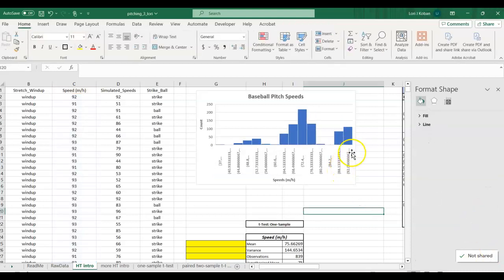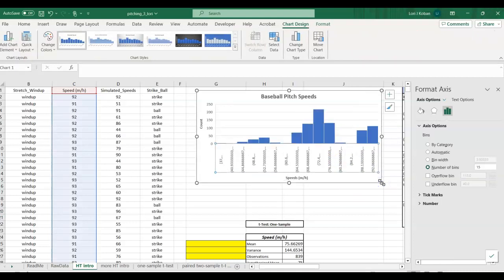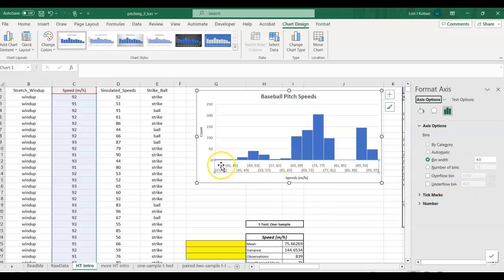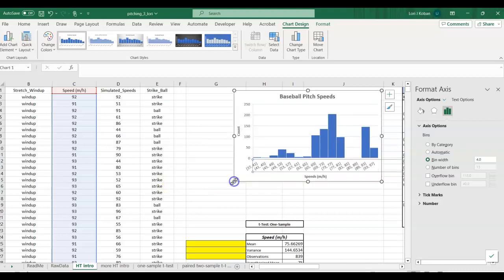So then it will change the number of bins. Let's look at the bin width, and I like it to be sort of an integer. Let's have it be 4.